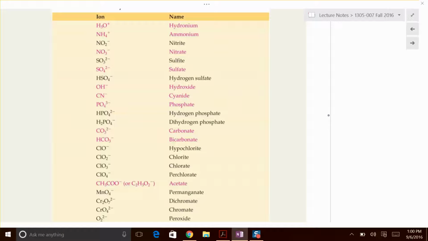Iron nitrate is most of the name, but what do we know about iron? What kind of metal is it? Is it found in the first two columns of the periodic table? It's a transition metal, which means what when I name it? I have to say the charge.